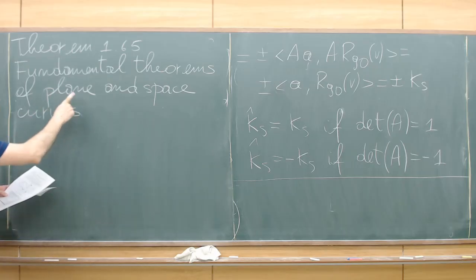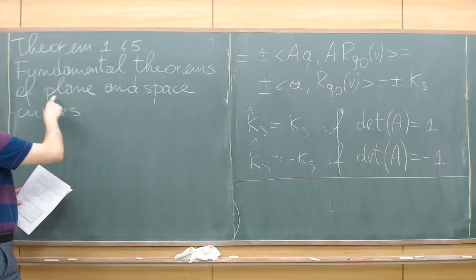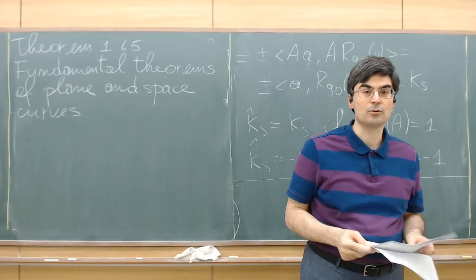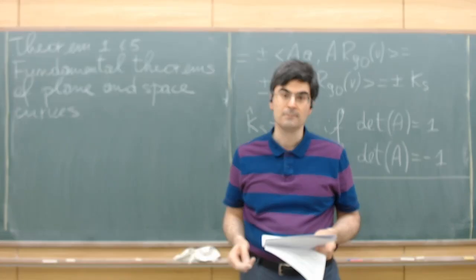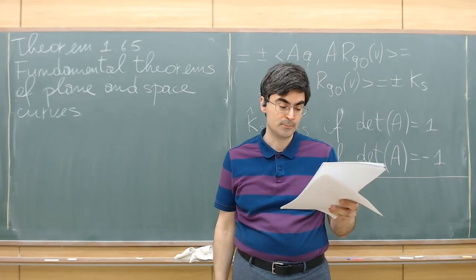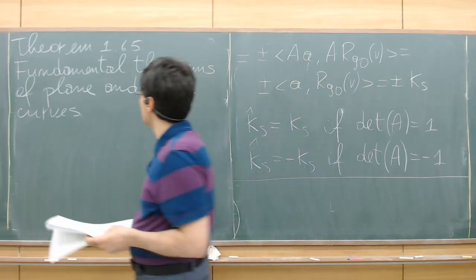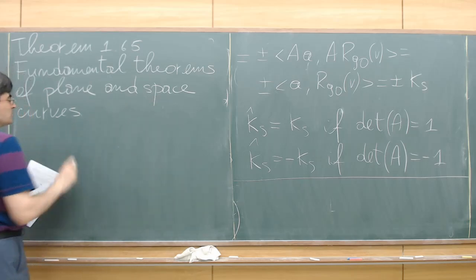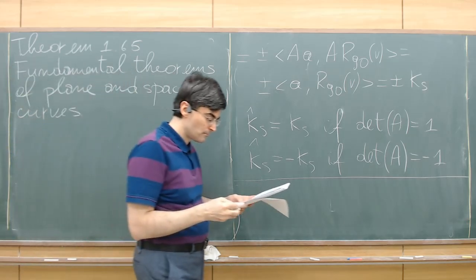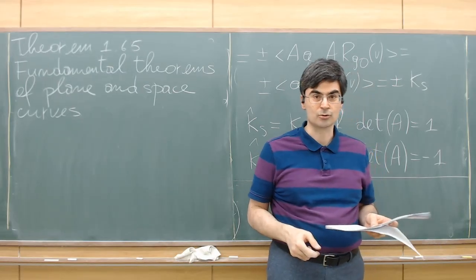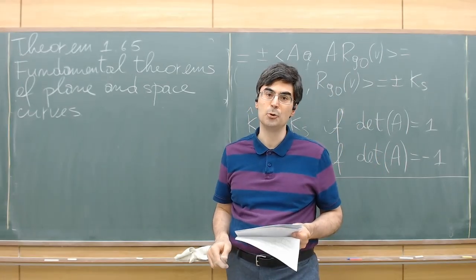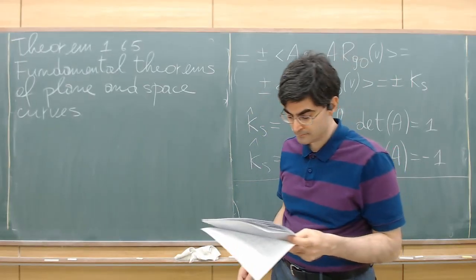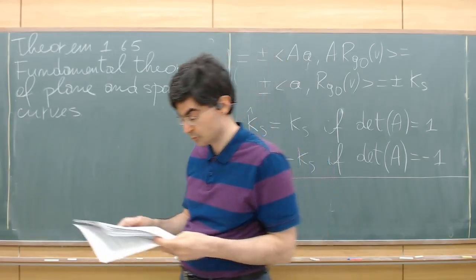The first fundamental theorem is about plane curves and essentially says that the sine curvature function uniquely determines a curve up to a proper rigid motion. Instead, the second fundamental theorem is about space curves and says that the curvature function and the torsion function uniquely determine a space curve up to a proper rigid motion.